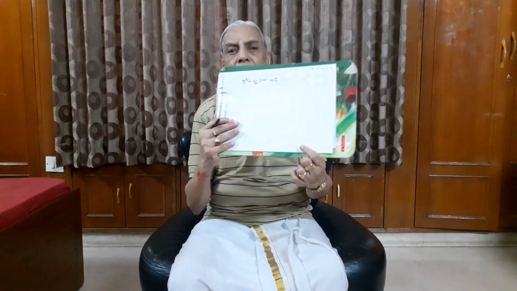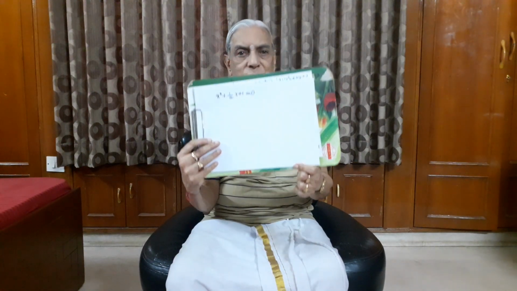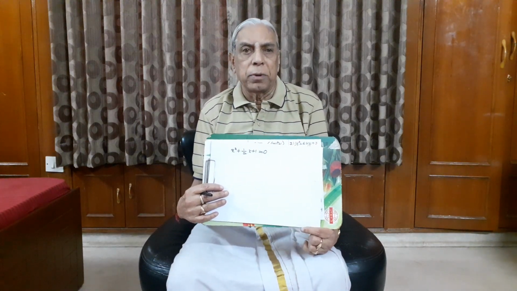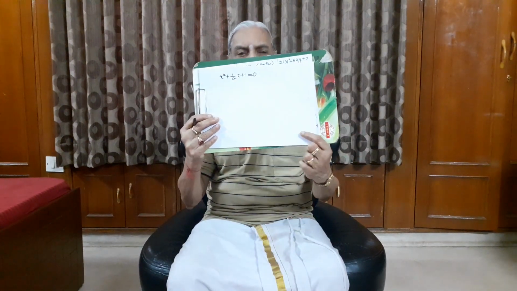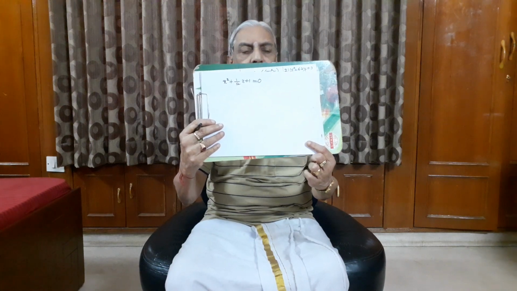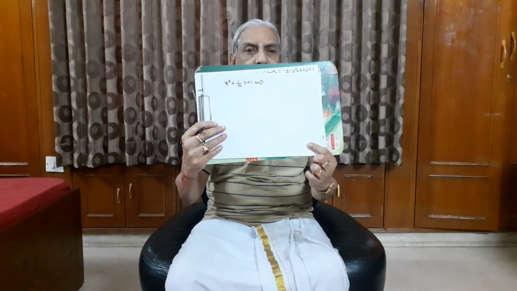When it's a fraction, how to take half of the coefficient? Very easy. I've already told you. Whenever I say take half of the coefficient, put 2 in the denominator. What is the coefficient of x here? Half. So what is half of the coefficient? Half of half. That is, put 2 in the denominator.